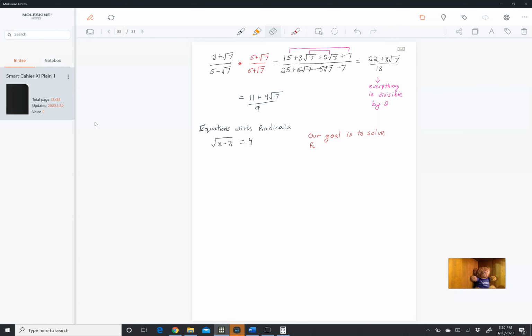It doesn't have to be x, right? If we used a, then we would be solving for a. If we used m, we would be solving for m. So none of this really changes if we just call the variable something different.